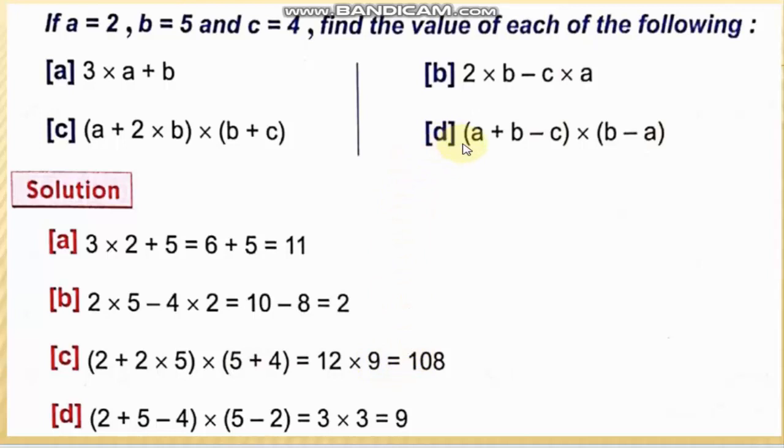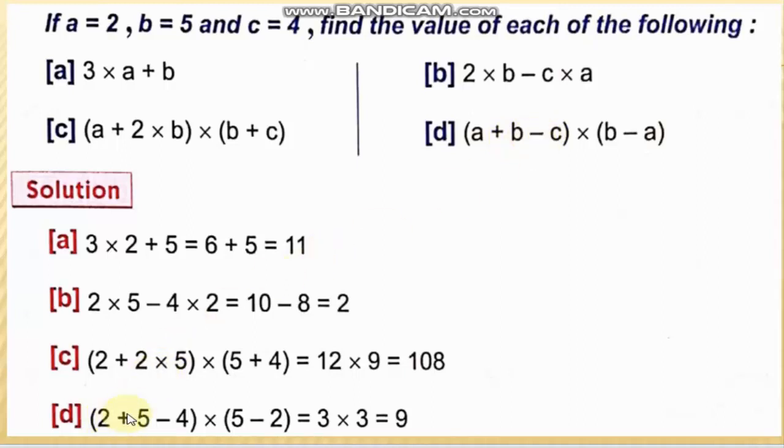Letter D: brackets around a plus b minus c, times open brackets b minus a. At first, the value of a is 2, then the sign plus, and the value of b is 5, minus the value of c, which is 4.